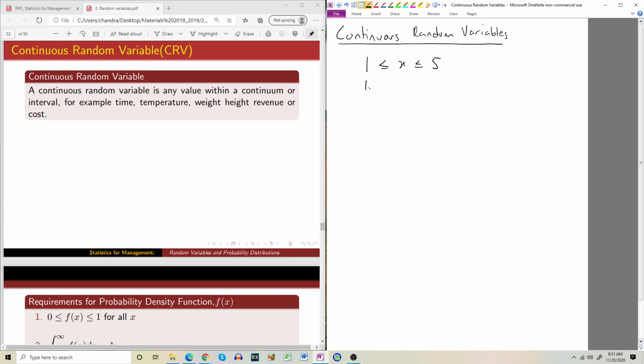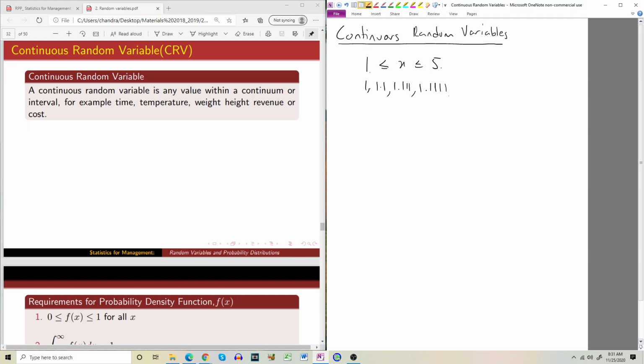You see, 1 is one number, 1.1 is one number, 1.11 is one number, 1.1111 is another number. So there are many numbers within 1 to 5.